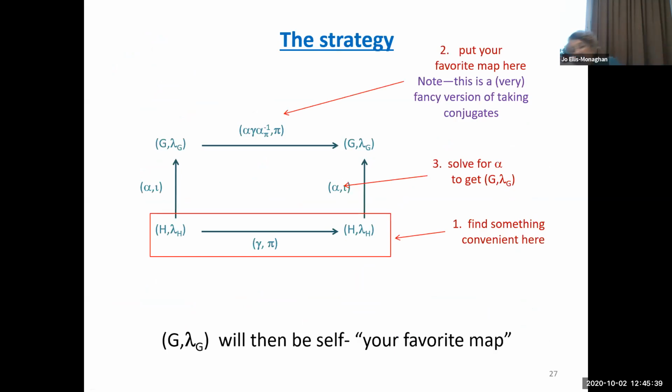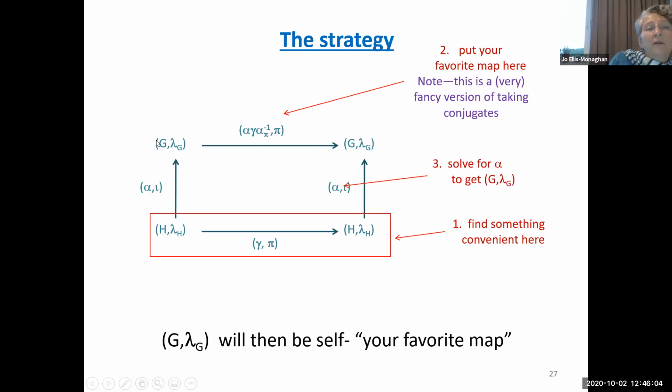So here's the strategy for being able to get graphs with the desired kind of dualities. I want a graph that's self-trial. Well, up here on this commutative diagram, I put delta tau. Right? I want it to be self-trial.